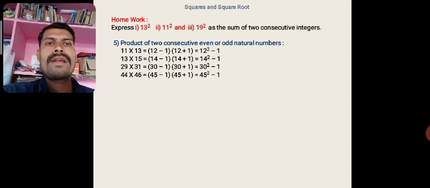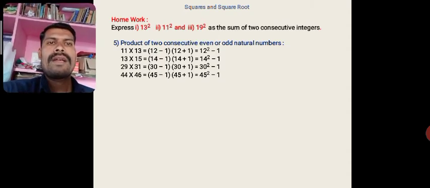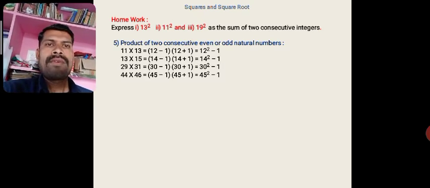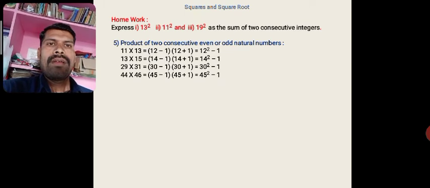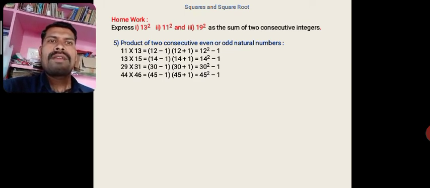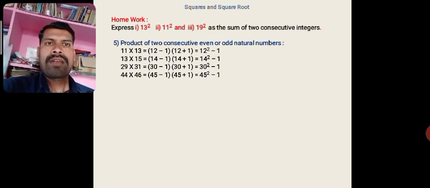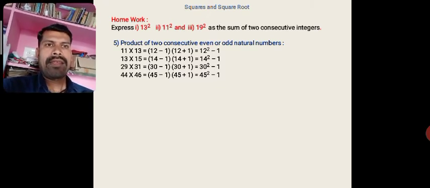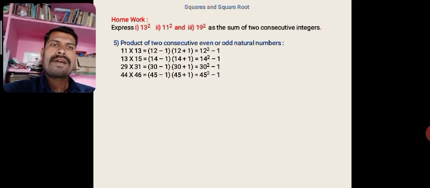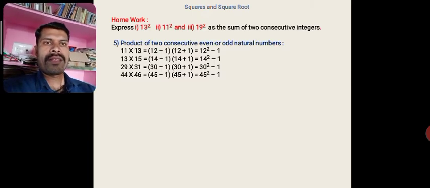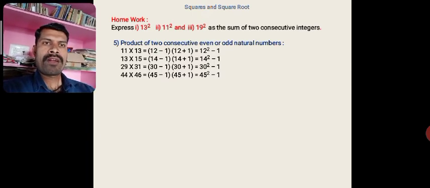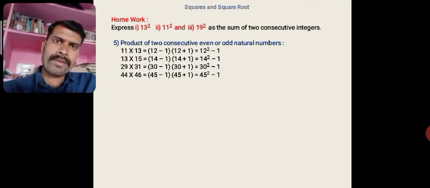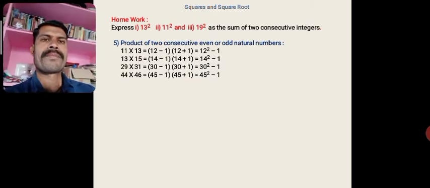Now go for consecutive even numbers here, 44 into 46. 1 less than 45 is 44, and 1 more than 45 is 46. So 45 minus 1 into 45 plus 1 can be represented as 45 square minus 1.